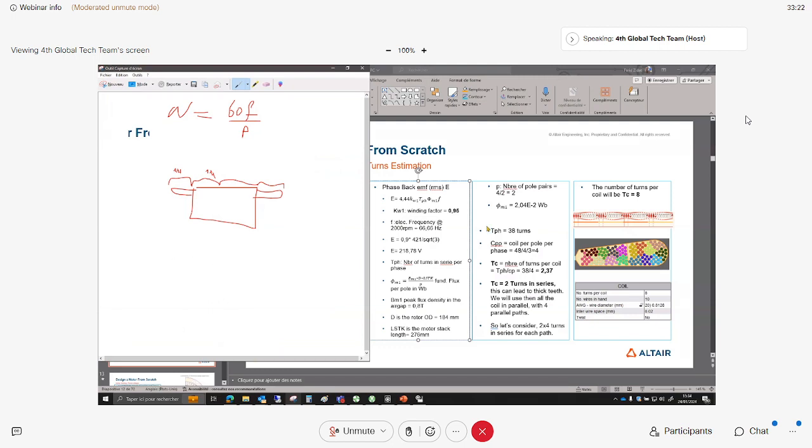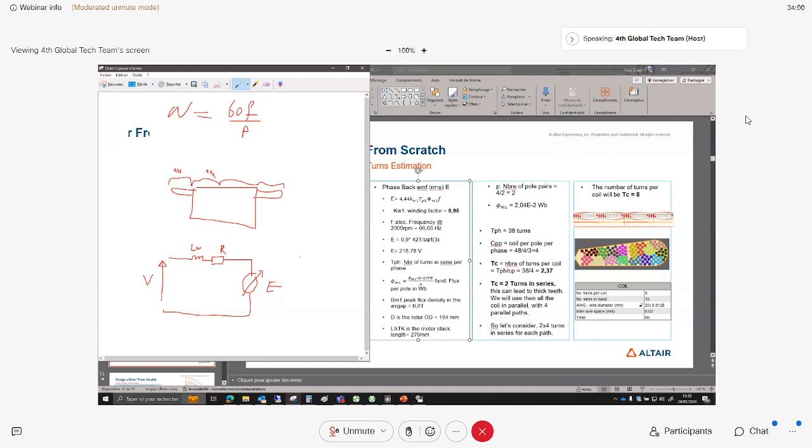Why are we doing it like this? Because if we consider that this is the stator of a permanent magnet machine, to simplify, if I put an equivalent single phase of the machine, this is a voltage supply, this is a back EMF, this is the resistance of one phase, and the inductance of one phase, right?